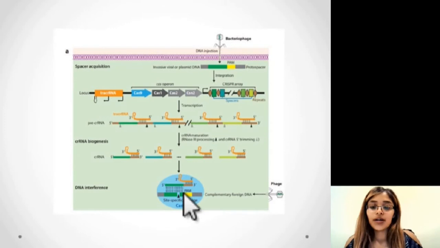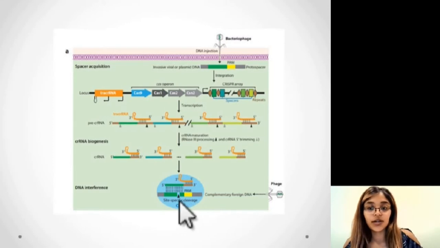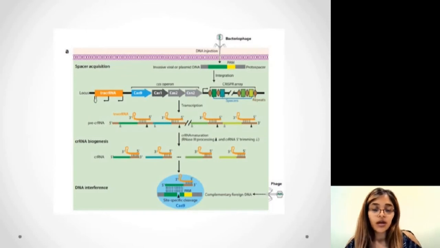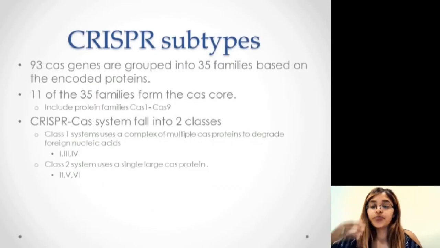So the Cas9 recognizes the spacer with the PAM region, because the PAM region is very important for Cas9 to recognize where it has to cut. So this is how it works. This is how it was discovered in the bacteria cells.